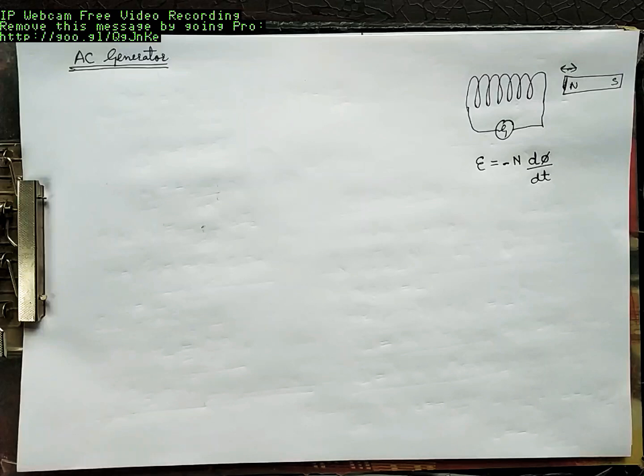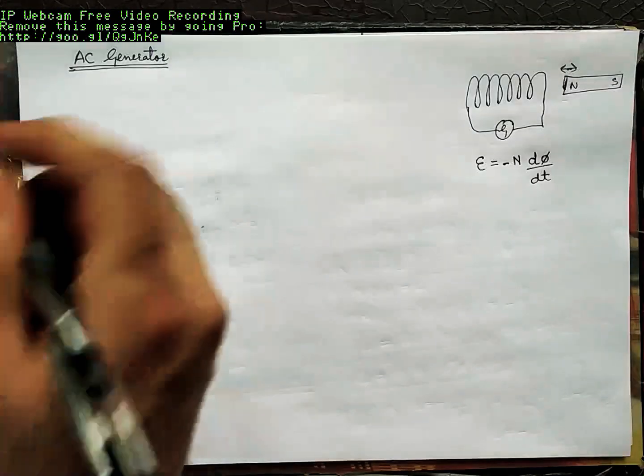Now, as all of you are aware, we use electrical energy at our places, and this electrical energy is generated in places called powerhouses, or electrical power stations, or power generating stations. In power generating stations, there are machines which are used for generation of this electrical energy.